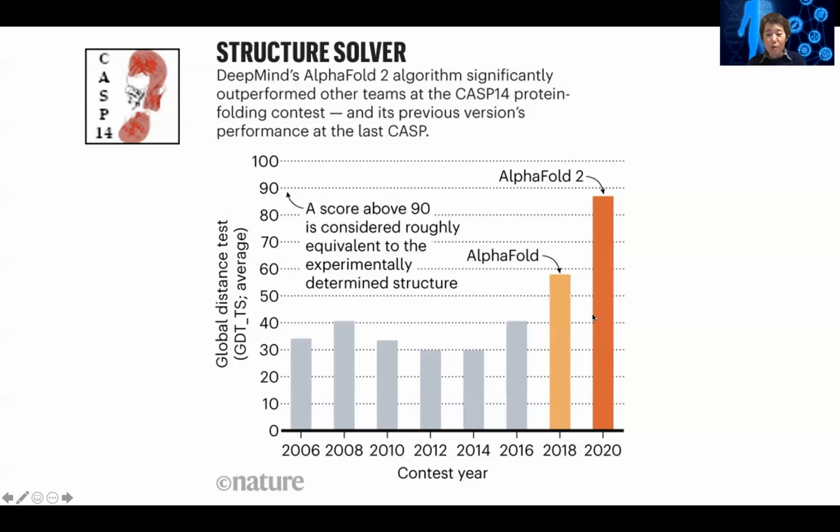But what is even more amazing is by 2020, 2 years later, in AlphaFold 2, this is CASP14, the average prediction can reach about 90. Actually, a score above 90 is considered roughly equivalent to the experimentally determined structure, which a lot of people in the field consider that the protein structure prediction problem on a single protein is a solved problem with AI, which is really fantastic.